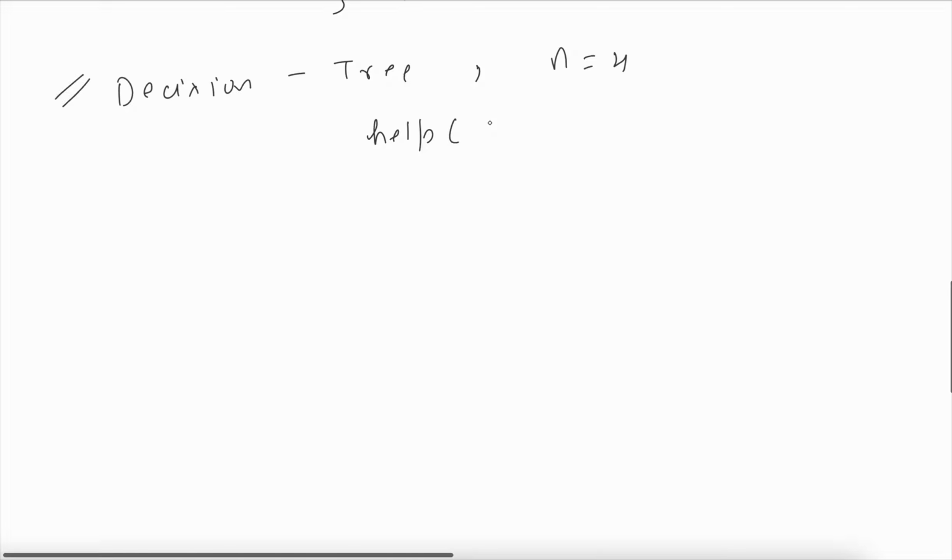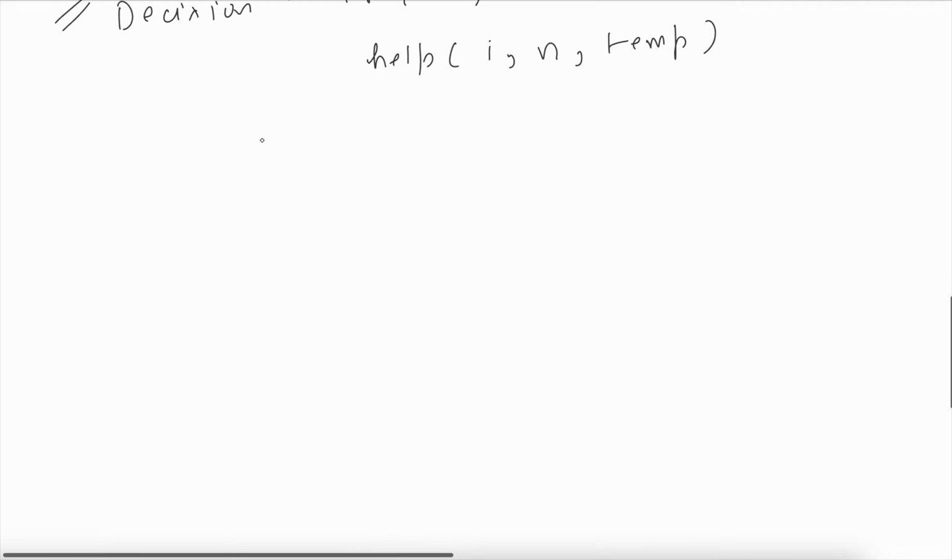It contains I, it contains n, and temp, which is a temporary answer. n is the number of queens or rows, and I is the current index where I am standing. Now we will try to implement this function, and after that we will make the decision tree, because only after this function can we visualize the decision tree.